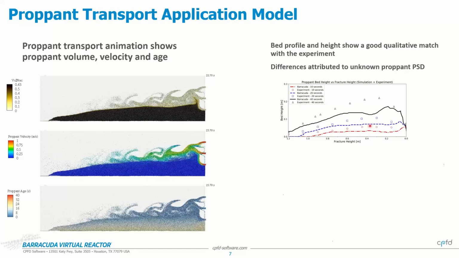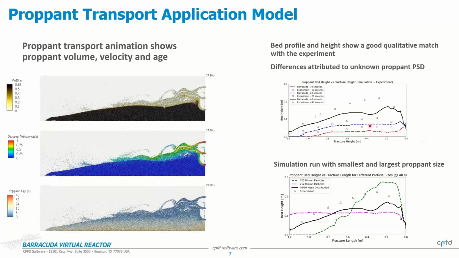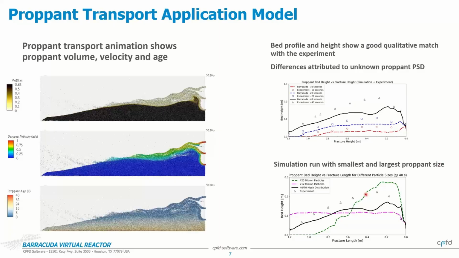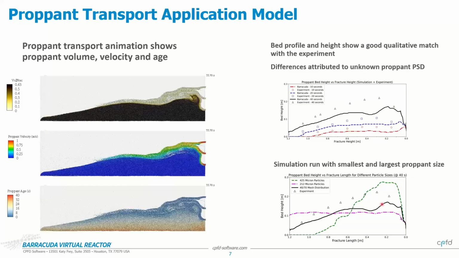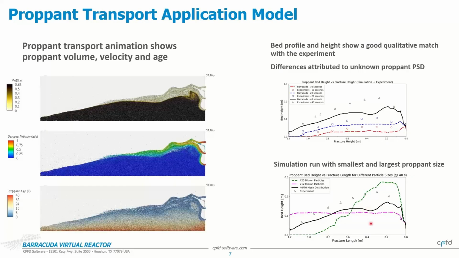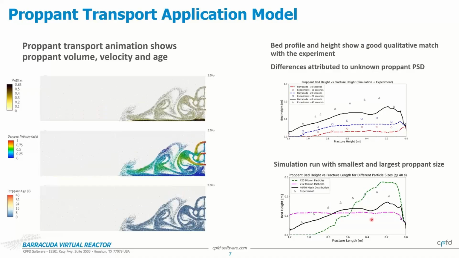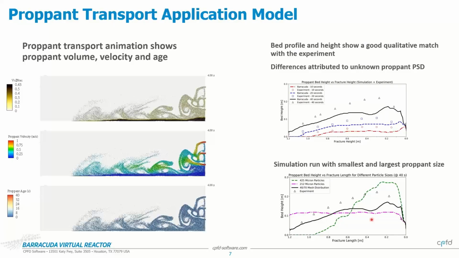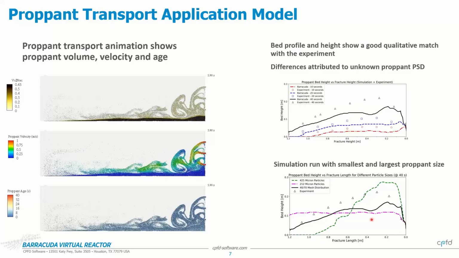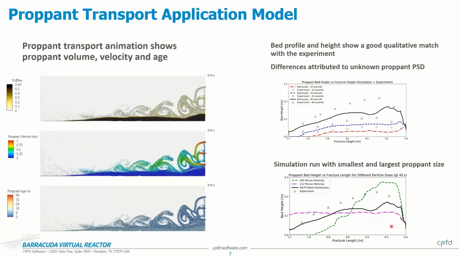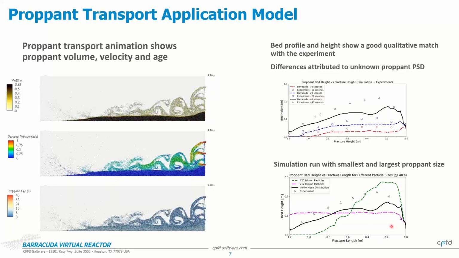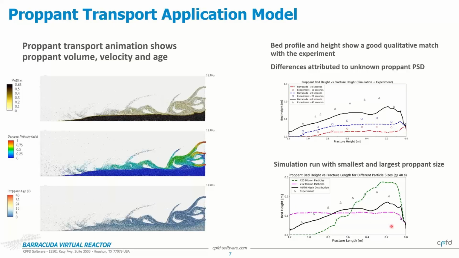To verify that, we ran a couple of other simulations. We took the smallest proppant size and the largest proppant size, and those are colored here in pink and green. When we run those simulations, we see at the 40-second mark that there's a big variation. So the size distribution of the particles plays a significant role in how the bed settles down, the height it reaches, and the spread itself.